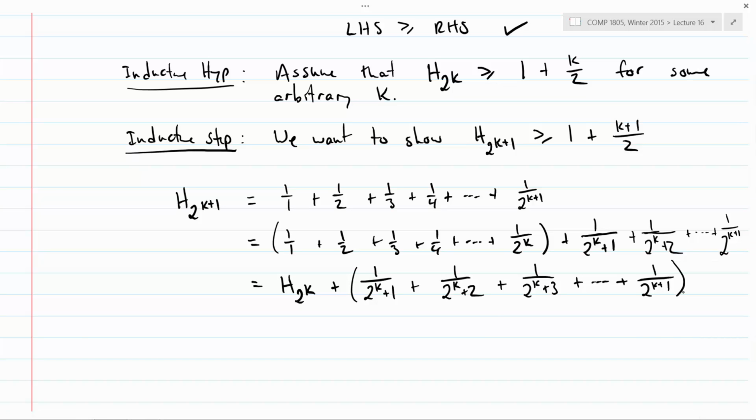Question first? Can you explain the steps again, why it's 2^k + 1? Right, so in the harmonic numbers, it's always 1 over a number. The next harmonic number is 1 over the next number, then 1 over the next number. The number right after 2^k is 2^k + 1. It's not 2^(k+1). Right?